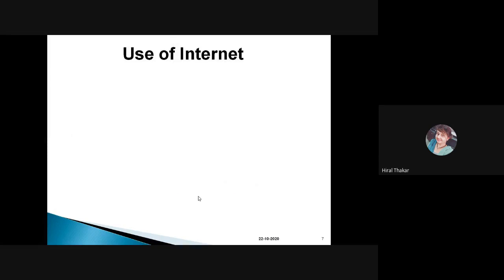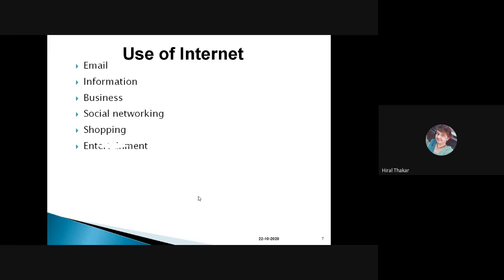Then after the use of internet, there are so many uses of internet. Okay, we know all these uses, right? We can send and receive emails, then information exchange. Email itself is information only. Then we can use it in our businesses, for social networking, right?